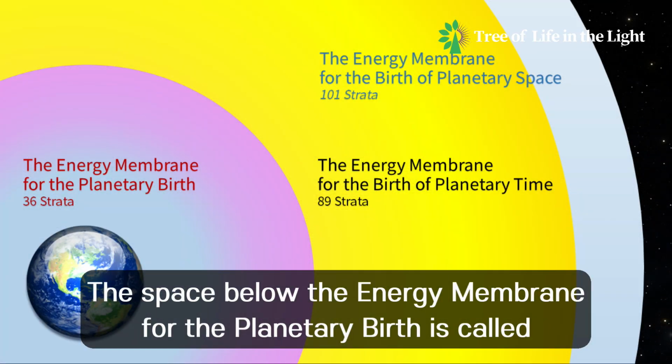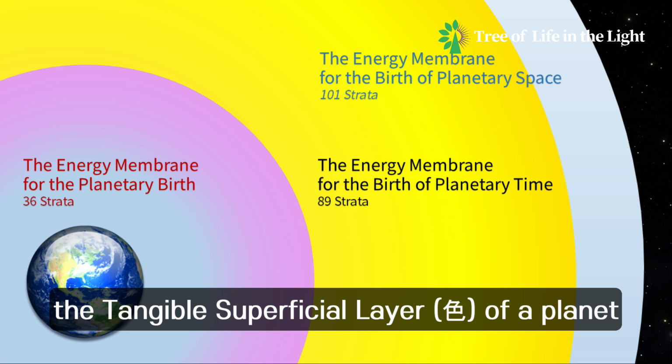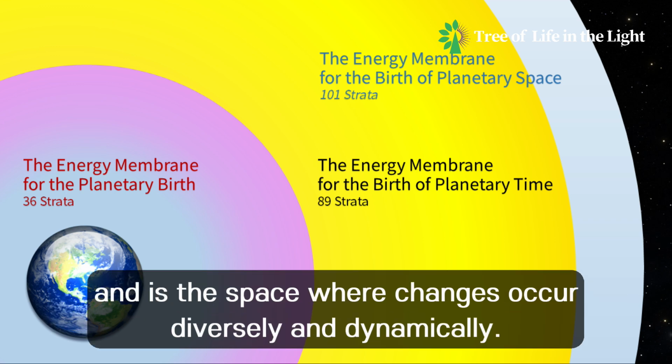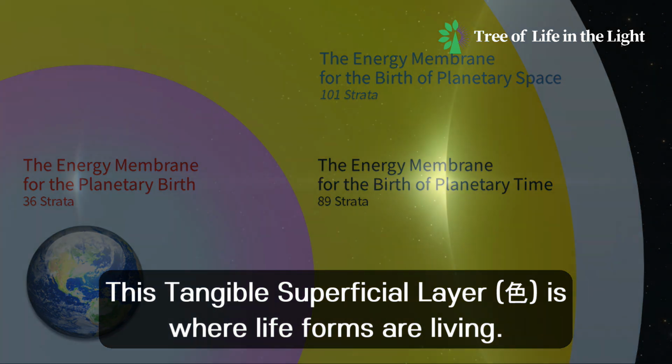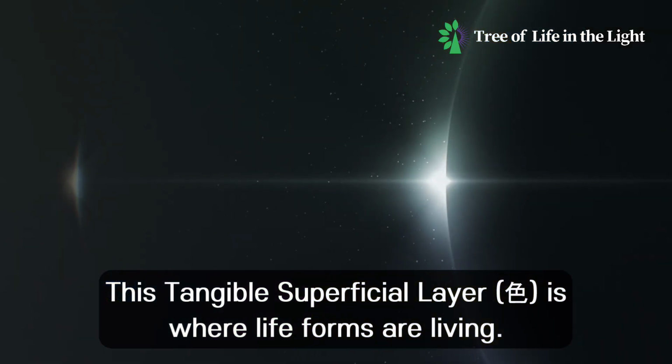The space below the energy membrane for the planetary birth is called the tangible superficial layer of a planet, and is the space where changes occur diversely and dynamically. This tangible superficial layer is where life forms are living.